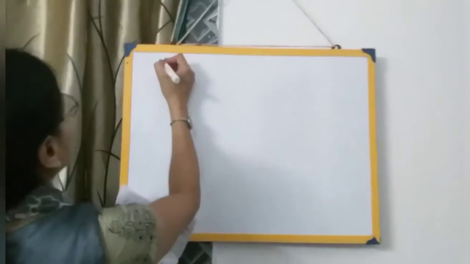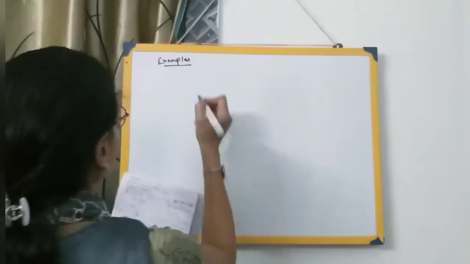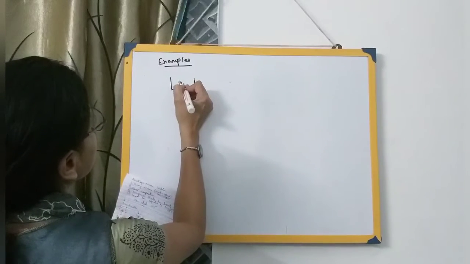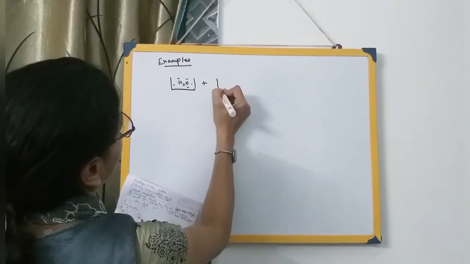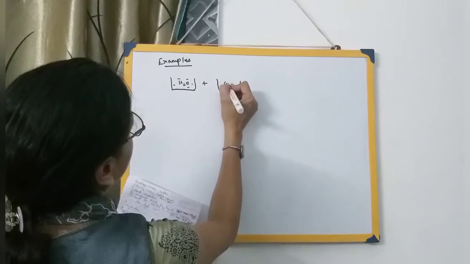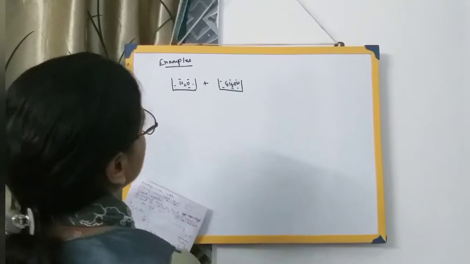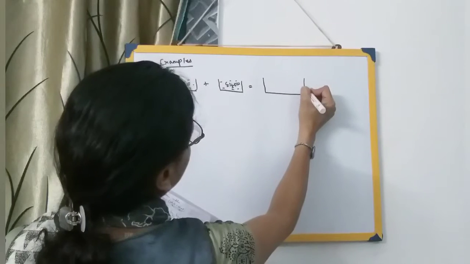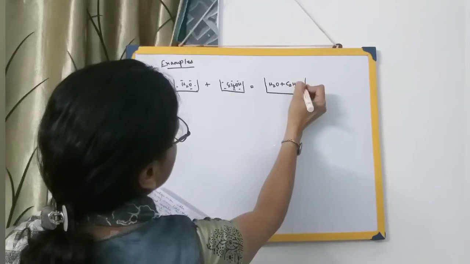So let's come to certain examples. Suppose you are having a mixture of, again we come back to the same example, water plus ethyl alcohol over here. Two containers, one having ethyl alcohol, and we are making a mixture of it. So this will be a solution of ethyl alcohol, that is H2O plus C2H5OH.